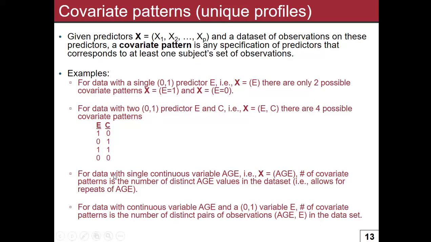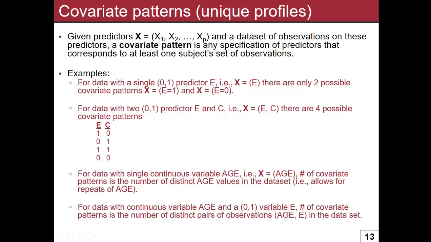If you have data with continuous variables, you can have more than just a fixed number of groups. The number of covariate patterns depends on how many values of the continuous variable you have. For example, if you have just a single x variable in your data set, age, your covariate patterns are the number of distinct values of age that you have.